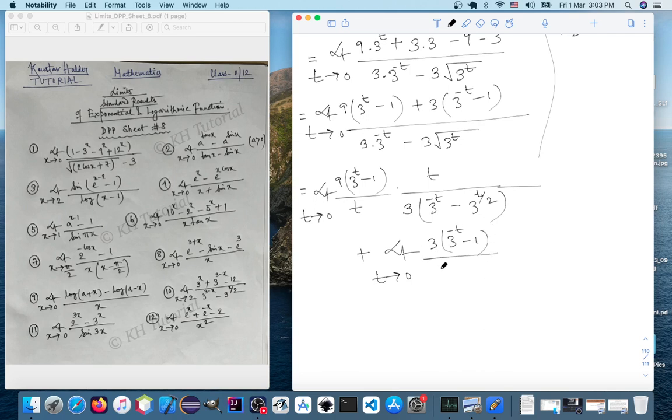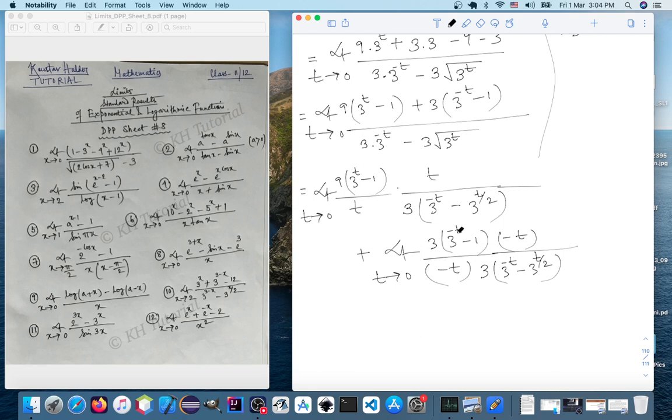What if we put the minus t over here, adjust t, and we have this limit: 3 to the power t minus 1 by t will become 1.